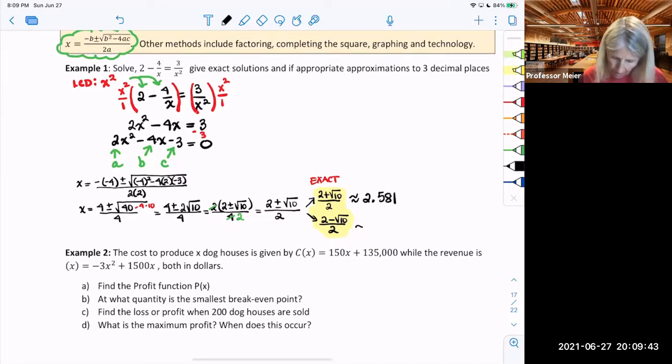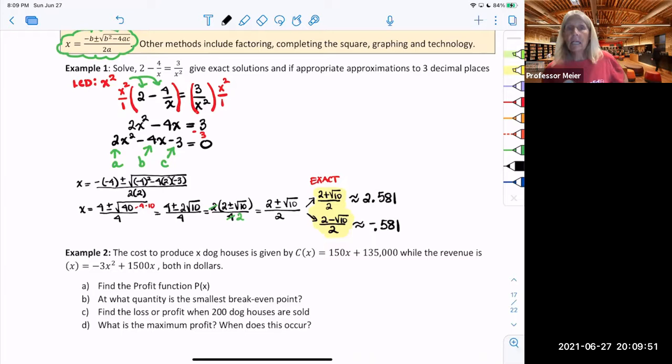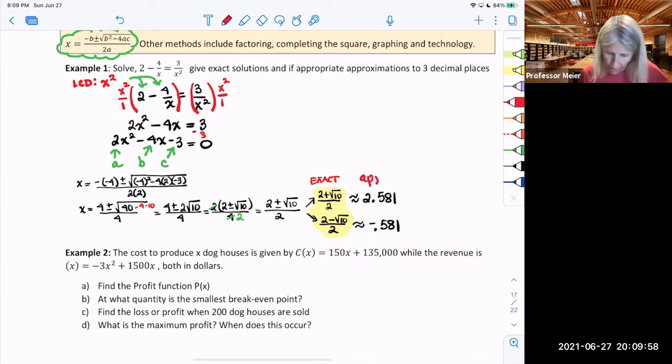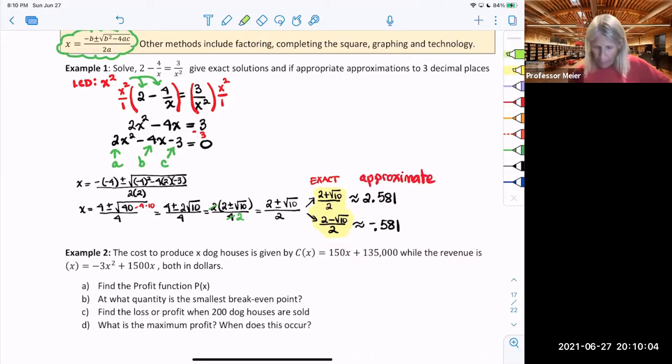And then we have this other answer, which is going to give us a negative 0.581. So be sure you practice typing that into the calculator. So these would be our approximate answers because they have been rounded off. Okay, so these are approximate answers. So we have exact solutions in yellow there and the approximate solutions in green.